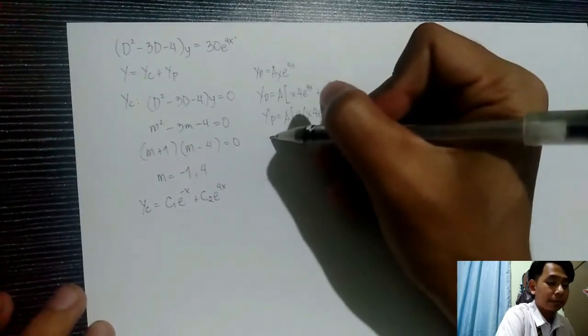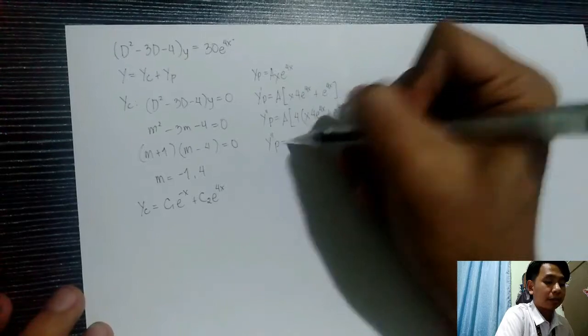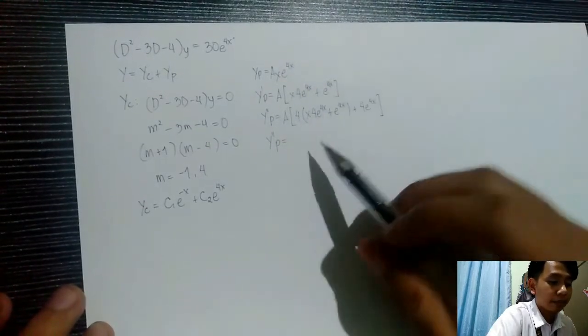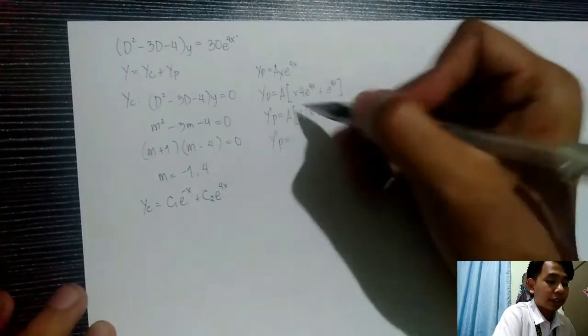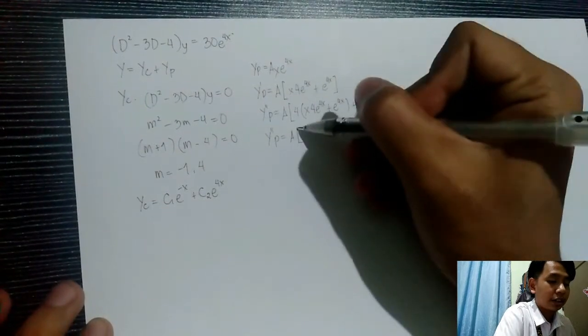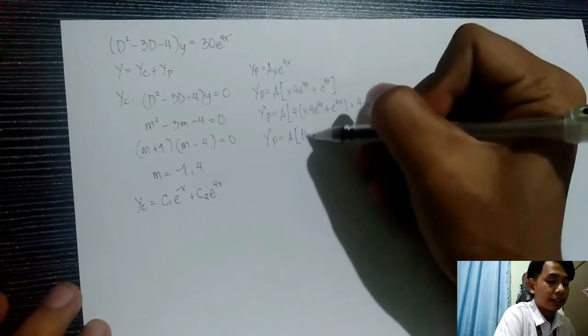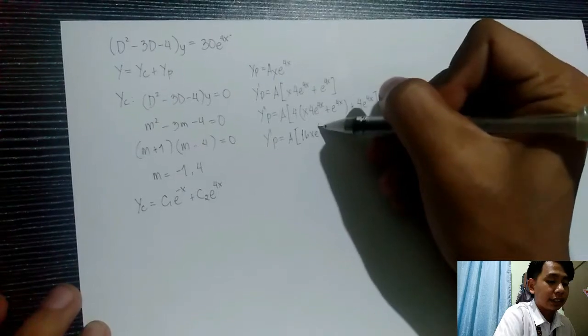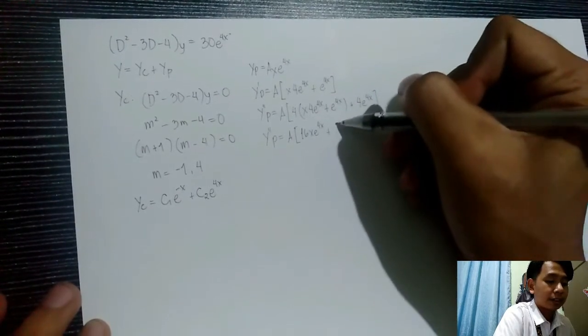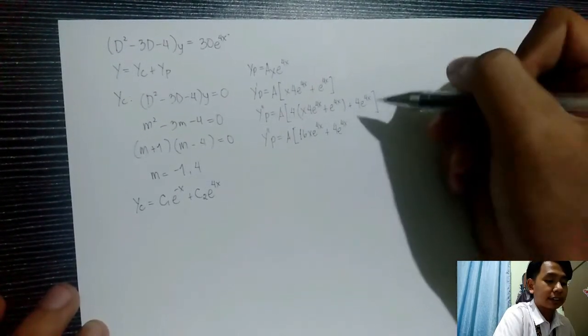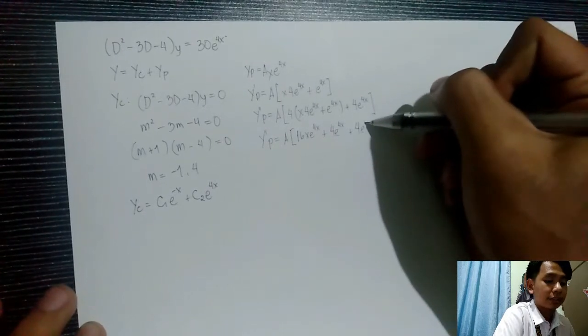Then let's simplify. y double prime is equal to, distributing here, a times 16 x e raised to 4x plus 4 e raised to 4x plus 4 e raised to 4x.